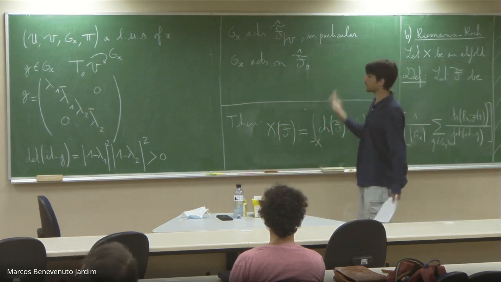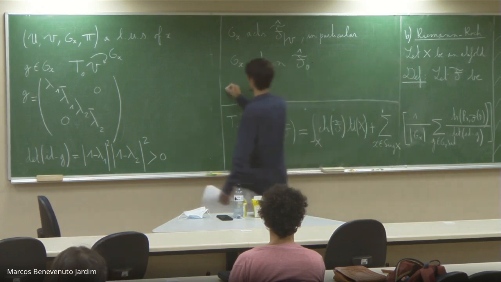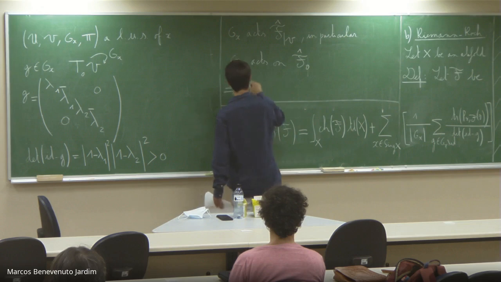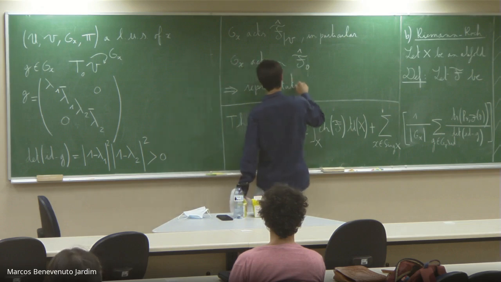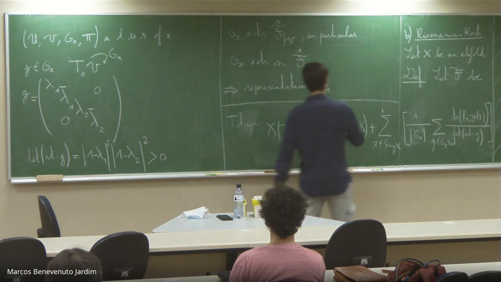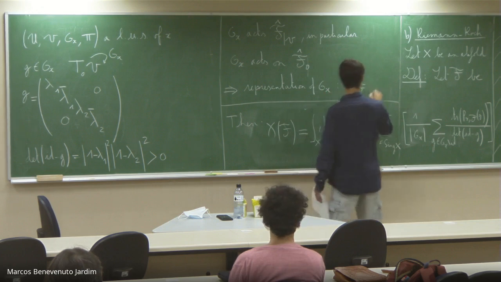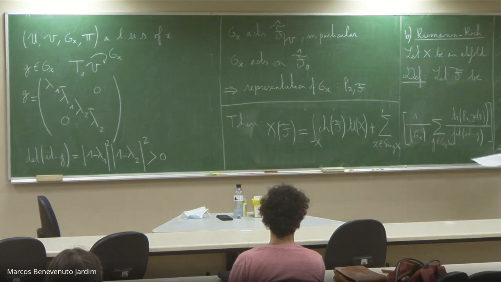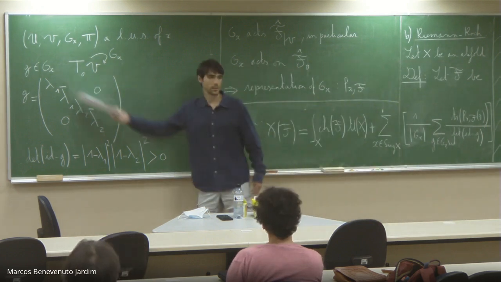And so it actually provides a representation of G. So this gives a representation of G. But you will see it will be very concrete as it is here.